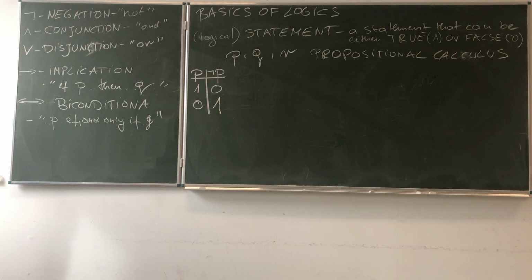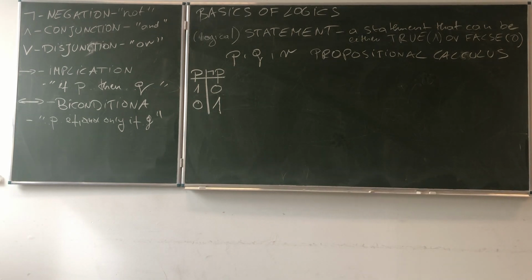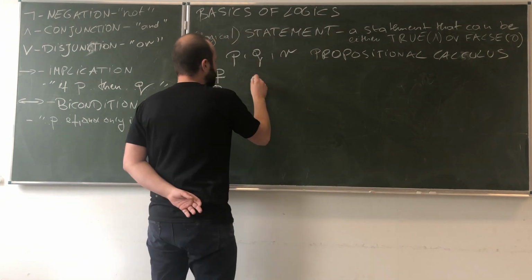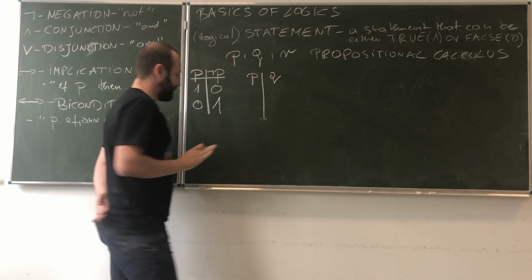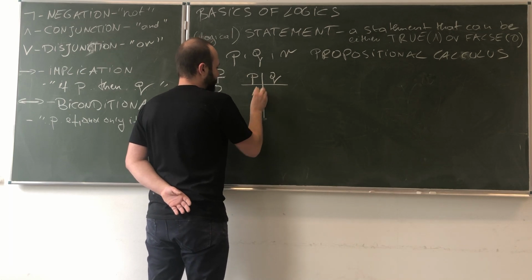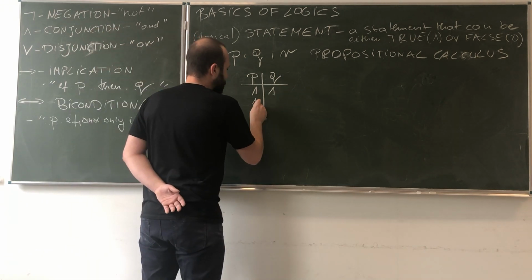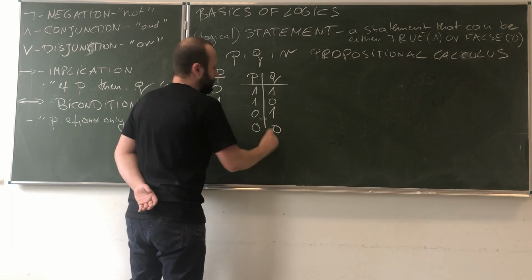Well, very easy. Now, all other symbols that you see over here involve at least two statements. So now we need to use two statements. And look, in this case, those statements will be either both true, only the first one will be true, only the second one will be true, or they both can be false.